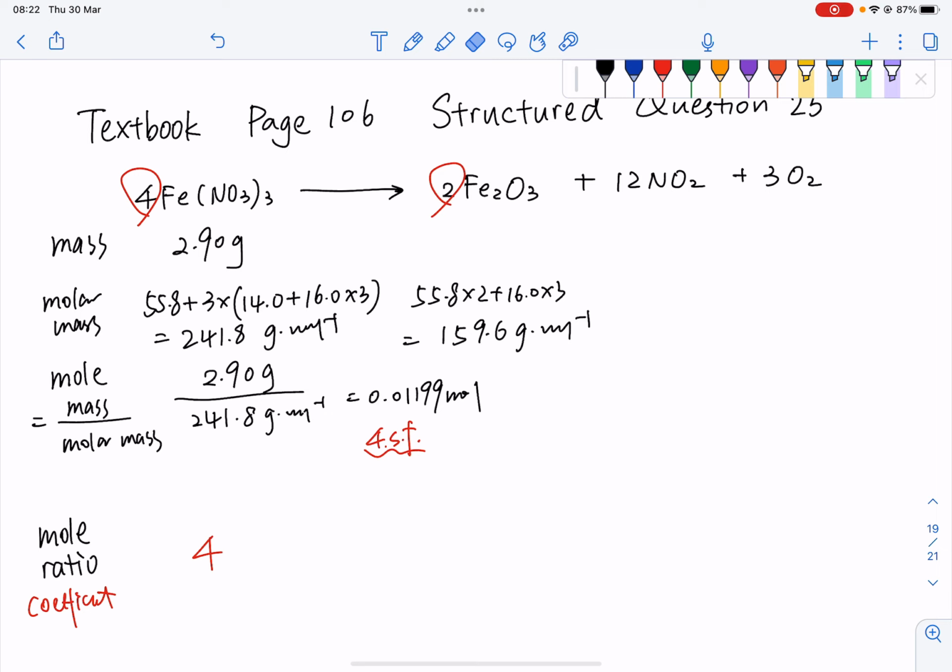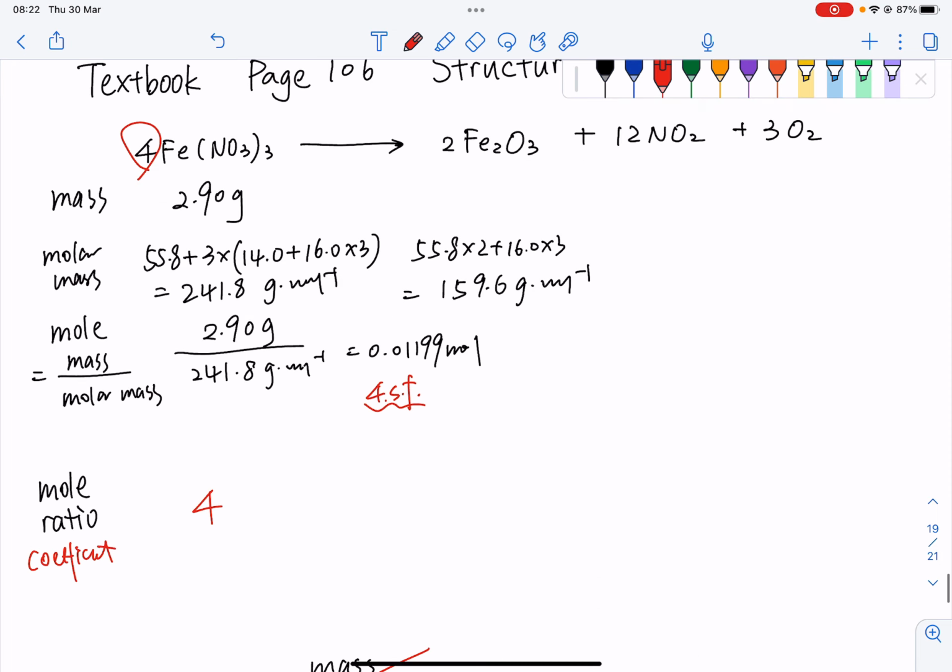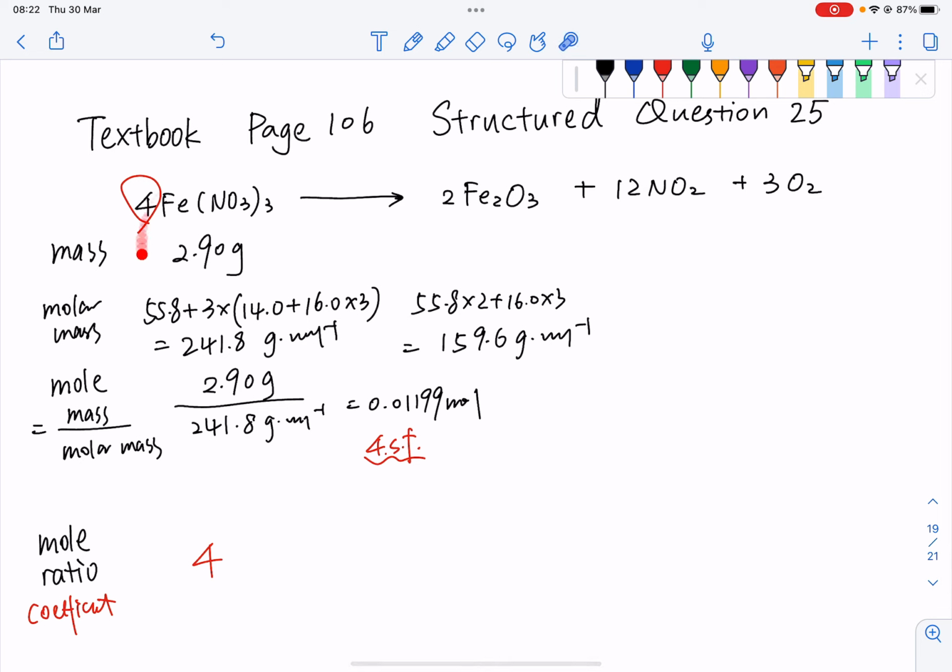Let's take a look at the mole ratio first. The mole ratio for iron nitrate and oxygen should be 4:3. We only look at the coefficients here. We have 4:3, and we also know the moles of this one. Always put the unknown at the top, and the known one at the lower part.